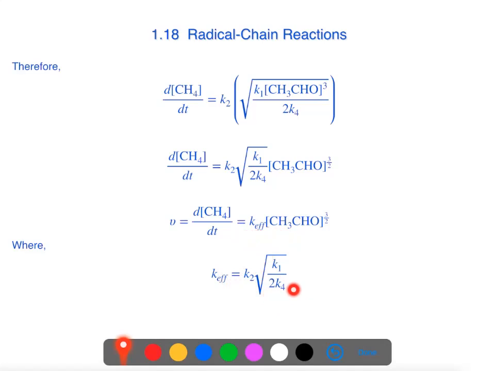And we see this inverse relationship with K4, which we would also expect, because the termination step involved the recombination of methyl radicals, which will reduce, in a way, the rate of methane formation because it's going to stop or terminate the reaction.